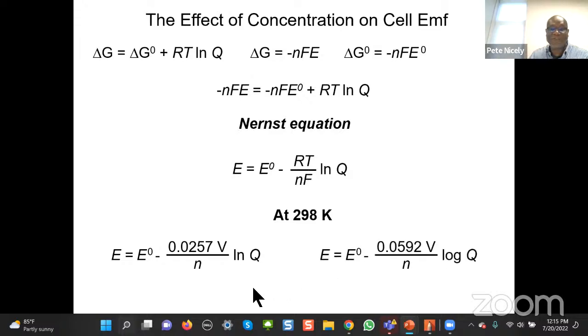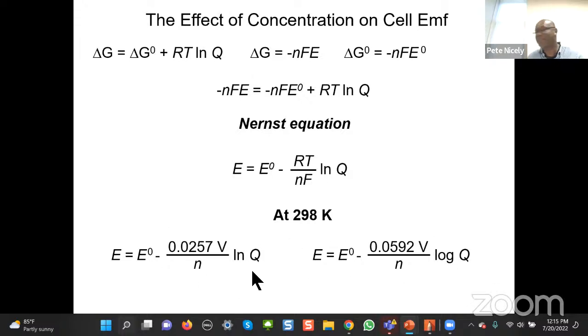And we also have another form of the equation where instead of ln Q, we have log Q. So these two equations are both mathematically saying the same thing. So that's the Nernst equation, which basically helps you to calculate the EMF of a cell based on the concentrations of the substances involved in the redox reaction occurring in a cell.